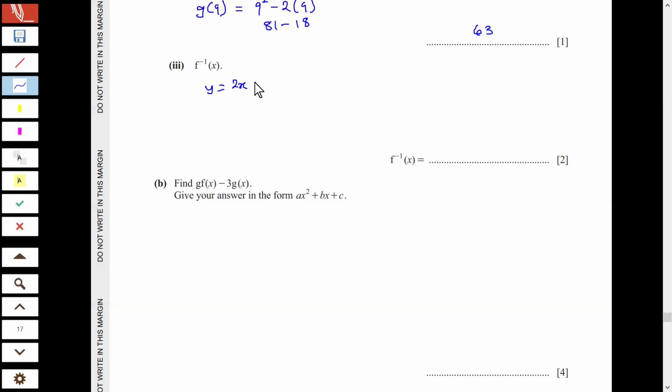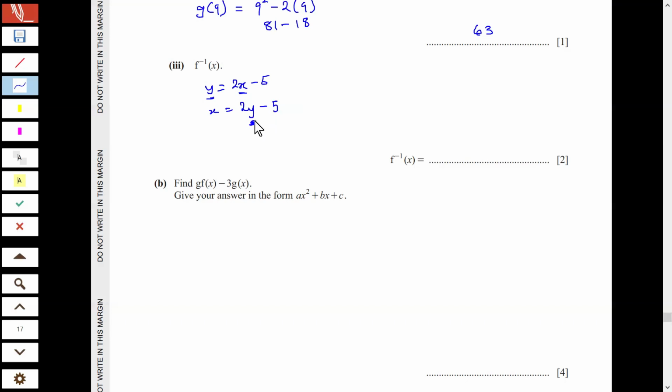We will interchange x and y, so that y becomes x, and then we have x equals 2y minus 5. The next step is to make y the subject by rearranging.